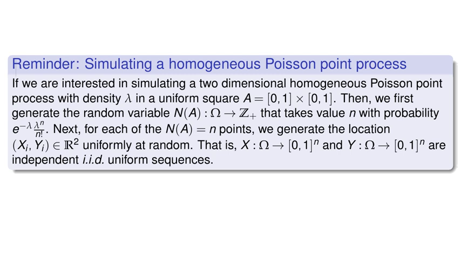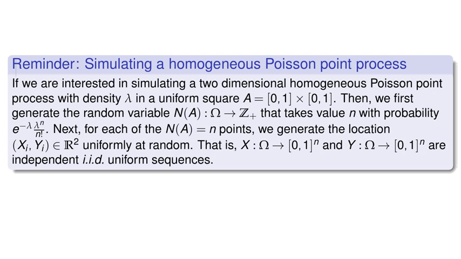As a final reminder, let's consider how to simulate a homogeneous Poisson point process. Suppose we want to simulate a two-dimensional homogeneous Poisson point process with a constant density lambda within a unit square. Say A equals the Cartesian product of the closed interval from 0 to 1 times the closed interval from 0 to 1.